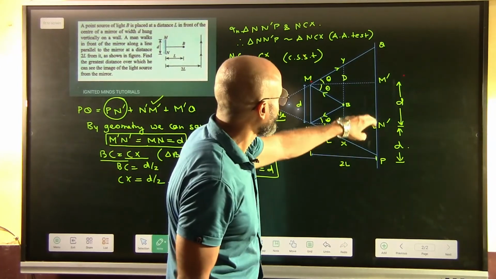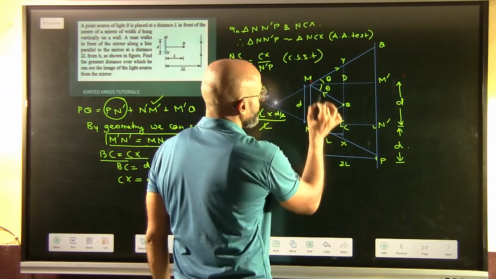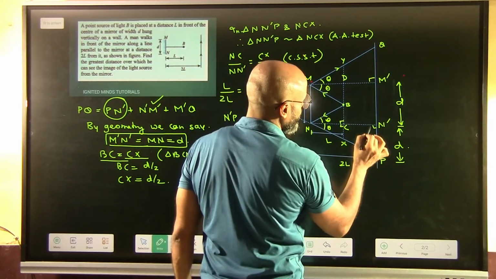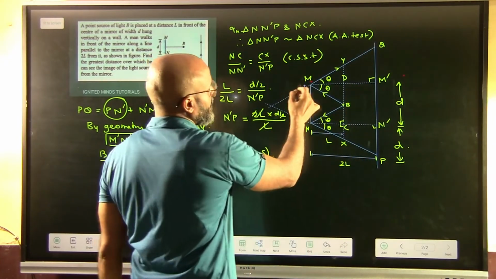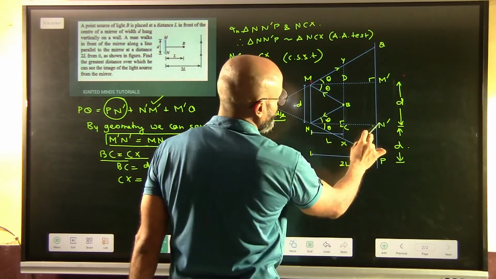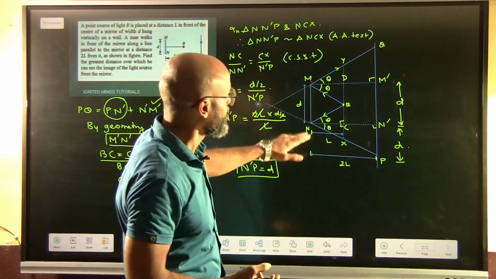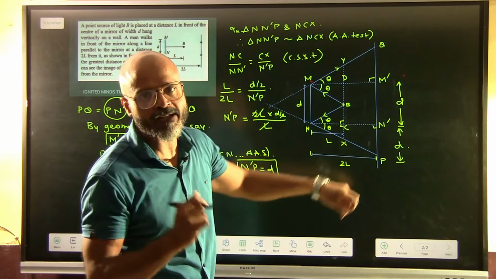Now look at this very carefully. This triangle and obviously this triangle are congruent. Why? Again theta, 90, and this side will be equal. Why? MM dash will be equal to NN dash, for pretty obvious reasons, because these are parallel lines and the distance between the parallel lines remains the same.